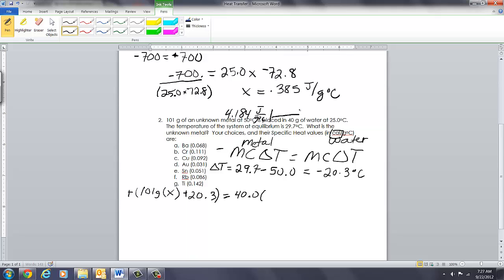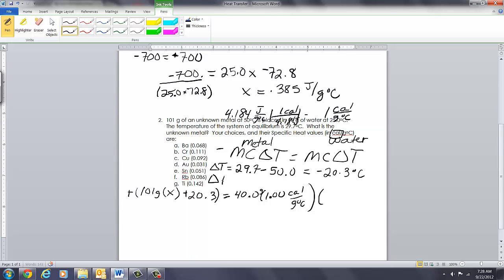Dimensional analysis: I know that 1 calorie is 4.184 joules. So the specific heat in calories is just 1 calorie per gram degree C. And see, these are grams, so they're going to cancel.